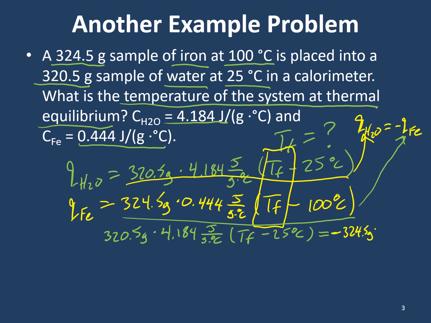324.5 grams times 0.444 joules per gram Celsius, and then times T final minus 100. I know I ran out of room there a little bit. All right, we'll move it over in a second. So the next bit is I'm going to take some numbers and combine some like terms.